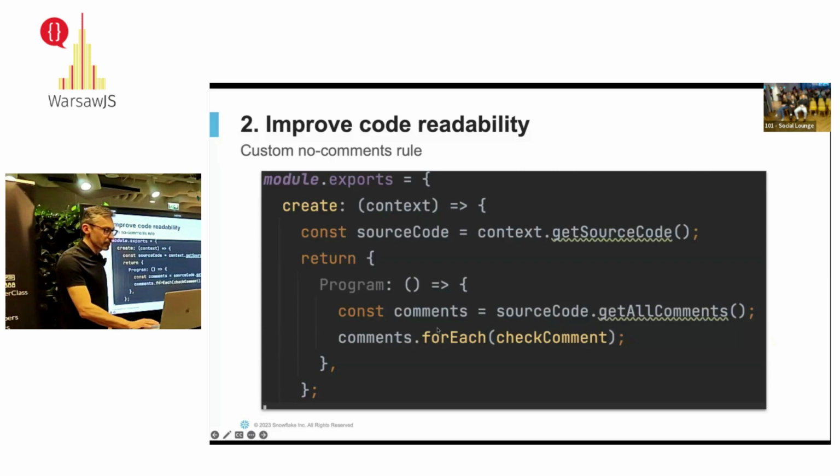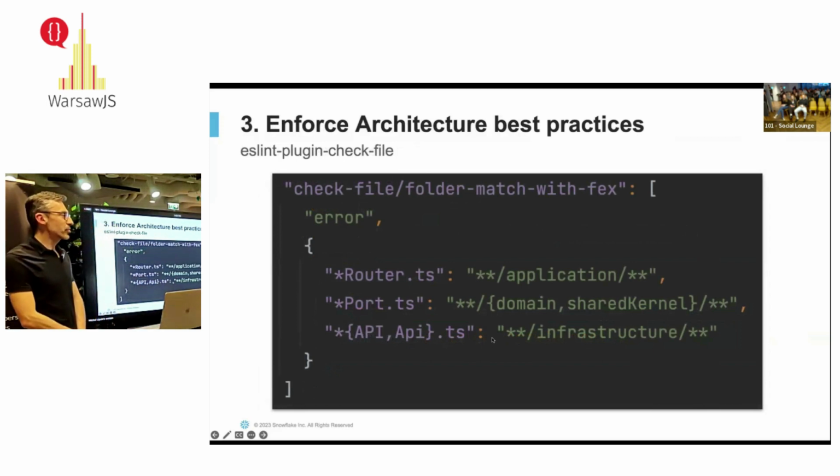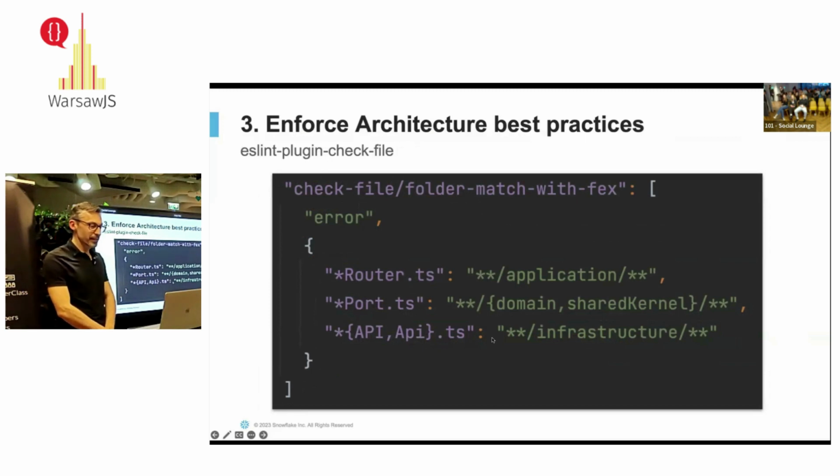Okay, and the next example is about enforcing some architecture decisions or best practices. So for a little bit of context, we are using hexagonal architecture in our project. It's also known as ports and adapters, or onion architecture. It has many names. And here we used a check file plugin for ESLint that allows us to enforce some consistent naming.